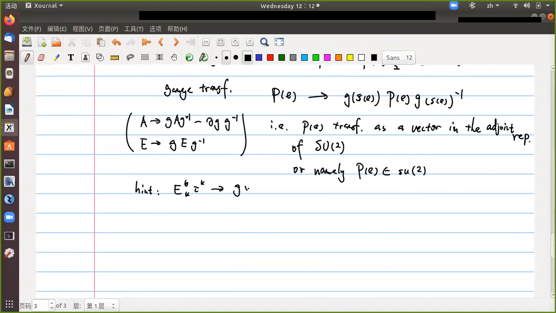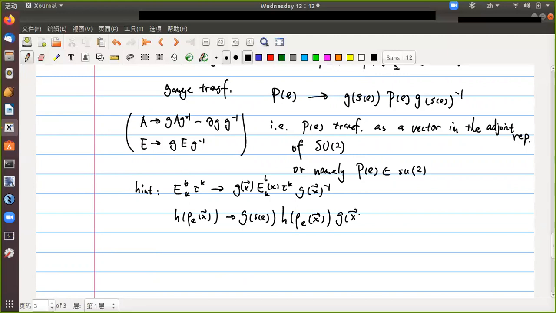Yes, and this holonomy of the path is transformed just like the holonomy of a path. Source of E. X. Yeah, so this will be the target of this path.